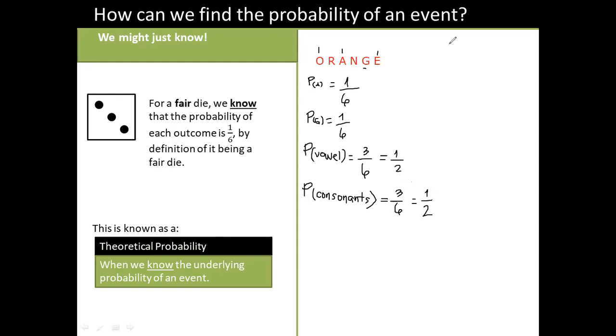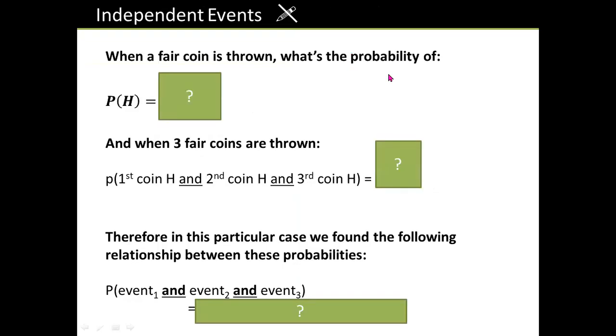So let us now go to the probability of independent events. Independent events, meaning separate, meaning not the same event because they are independent. Example, when a fair coin is thrown, what is the probability of getting head? We discussed already that one. That is 1/2.